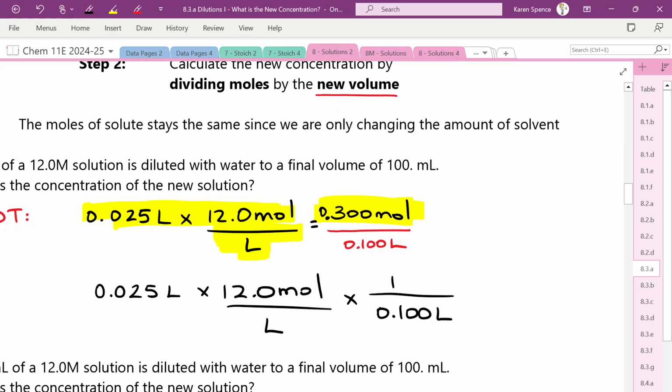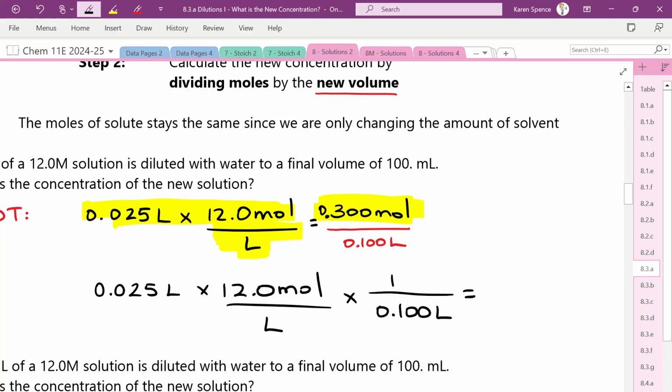That takes care of the division. And now on the other side of the equal sign, we'll have something that it is equal to, which will be 3.0 molar.